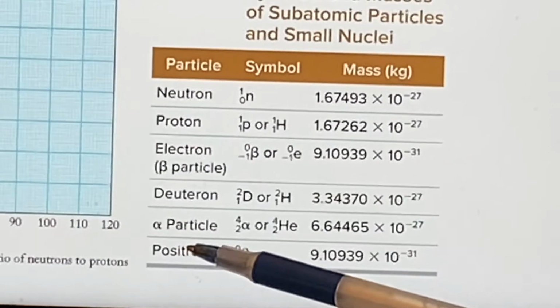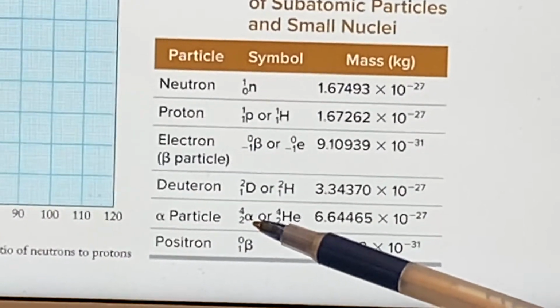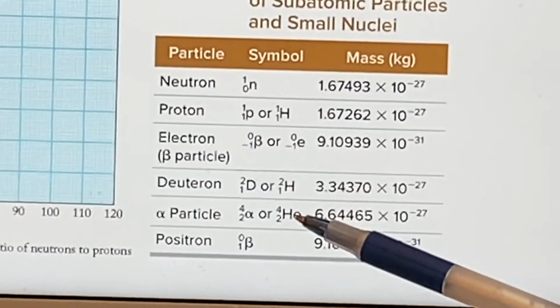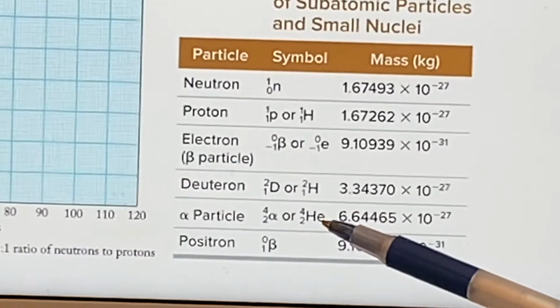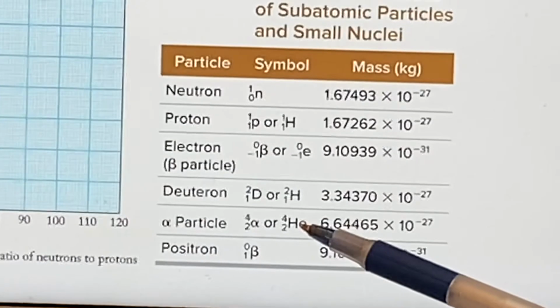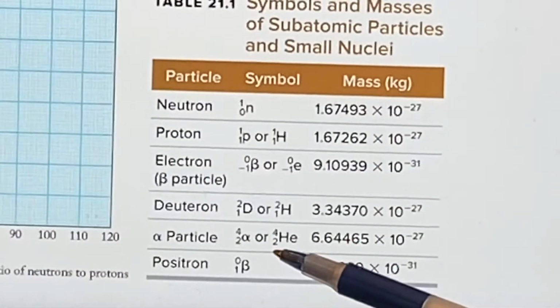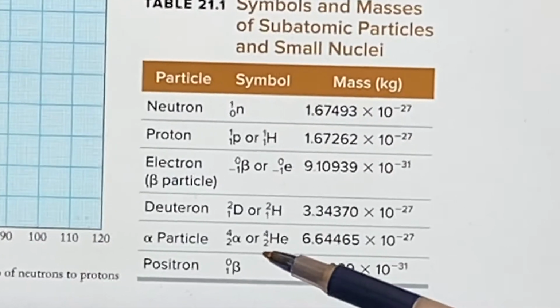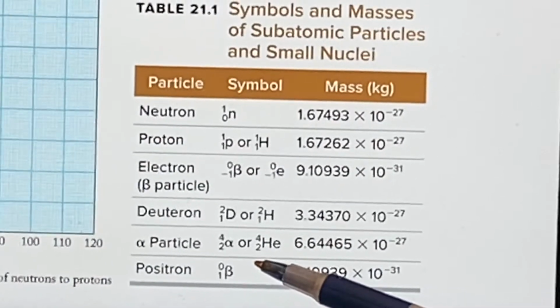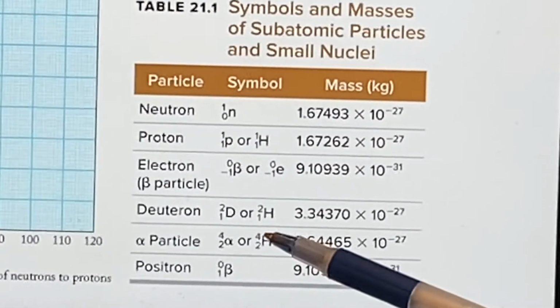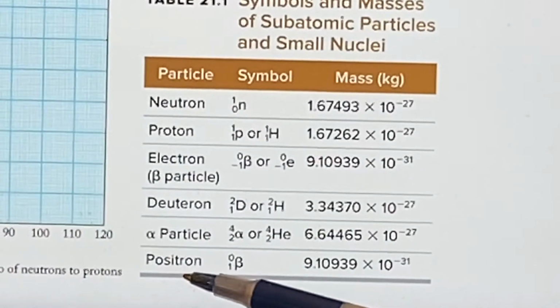The alpha particle, you can write it as alpha, or it's a naked helium. So helium is element number 2, so 2 protons. But whenever you have helium, the stable form of it has 2 neutrons also, and so you end up with a mass of 4. And then there is the positron.